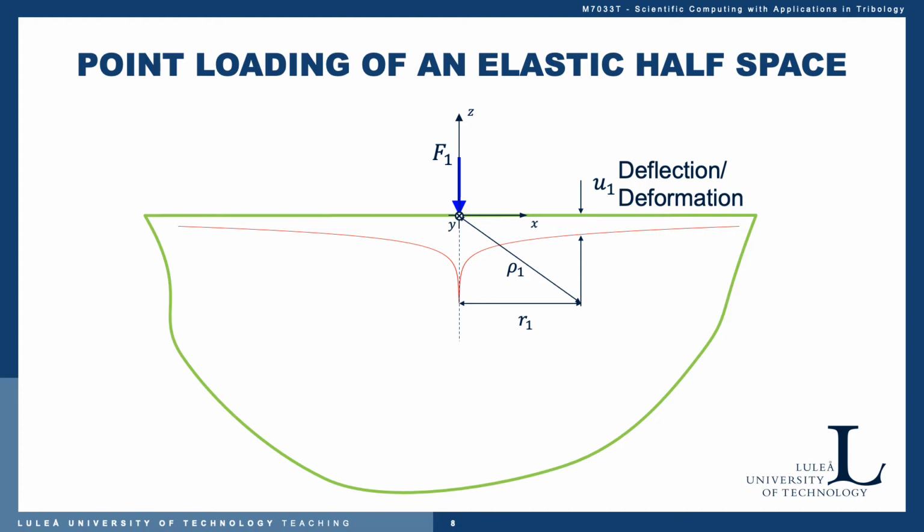And this deformation will look something like what we have here on the red line. And at the distance r1 in the xy plane, we will see the deformation u1. So remember that this is now rotational symmetric. So everywhere on the radius r1 in the xy plane, we will have the same deformation, u1.